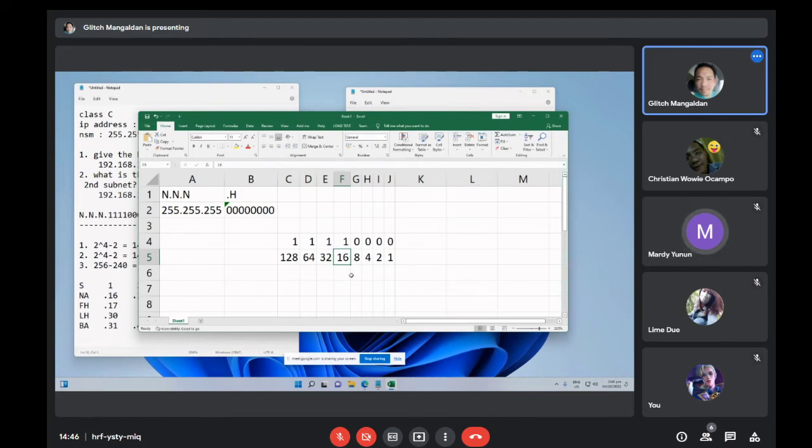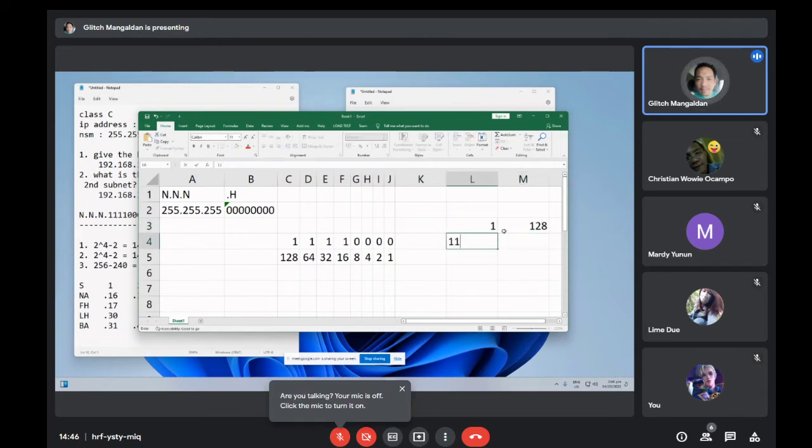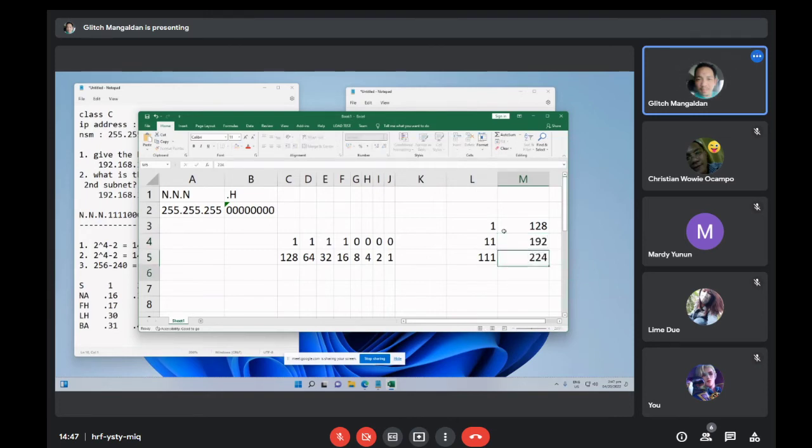Okay po, sir. Binigyan ko na kayo ng table niyan. Pagka may isang borrowed bit, that is 128. Pag dalawang borrowed bit, that is 192. Pag tatlo is 224. Pag apat is 240.